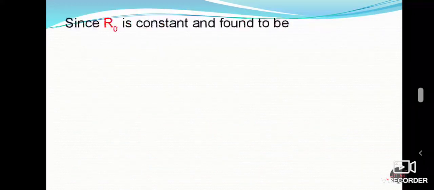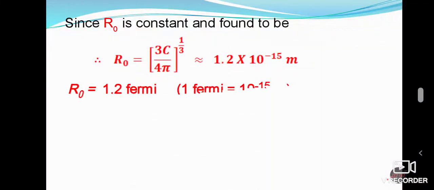Since R naught is a constant, its value is found to be approximately 1.2 into 10 to the power of minus 15 meter, or R naught equal to 1.2 Fermi. So 1 Fermi means 10 raised to minus 15 meter.